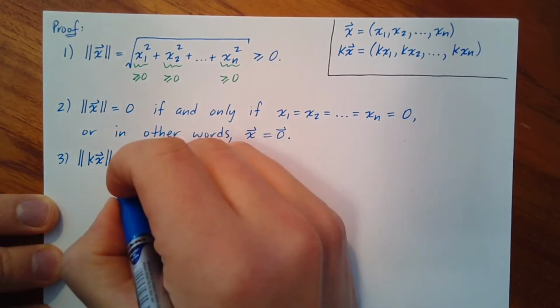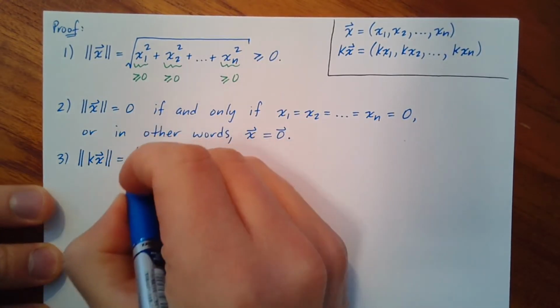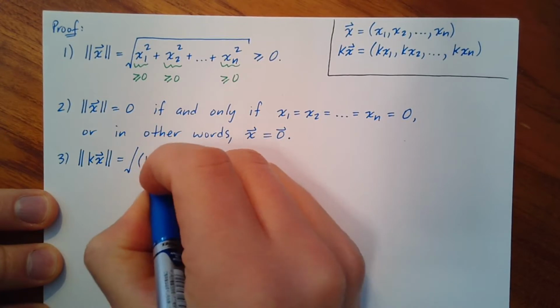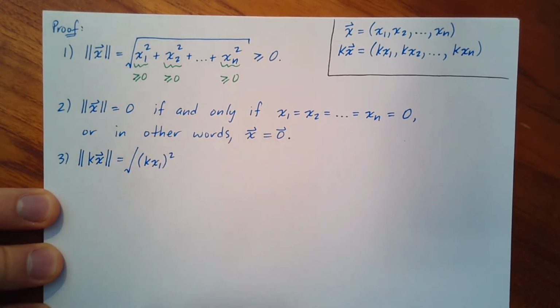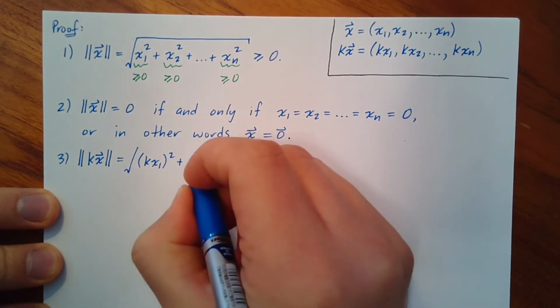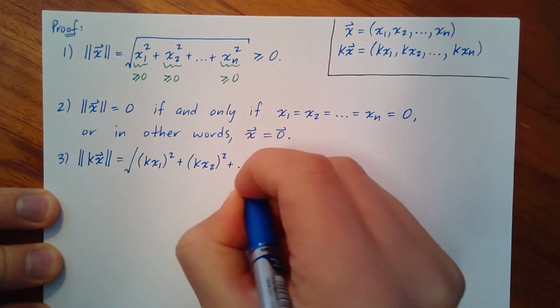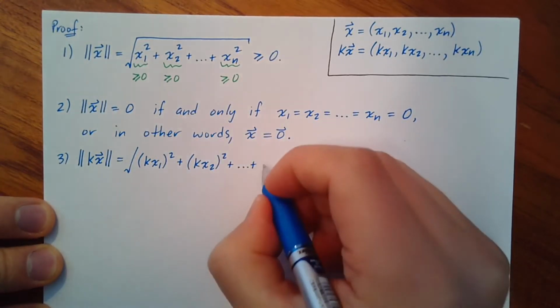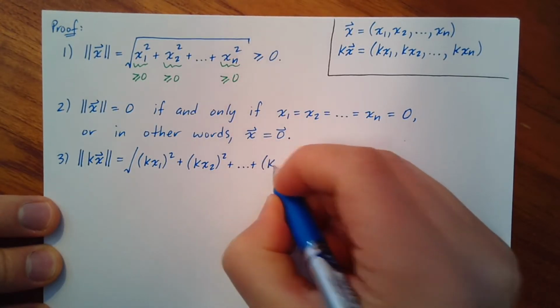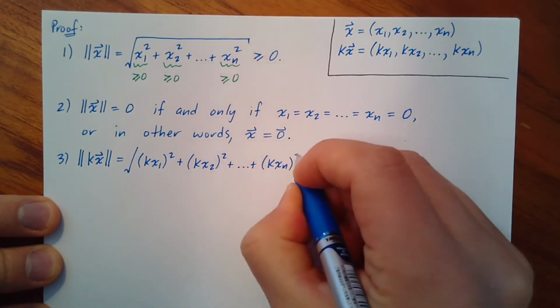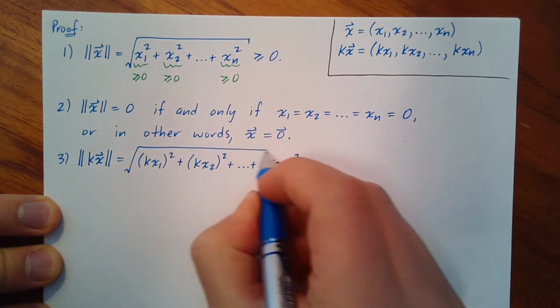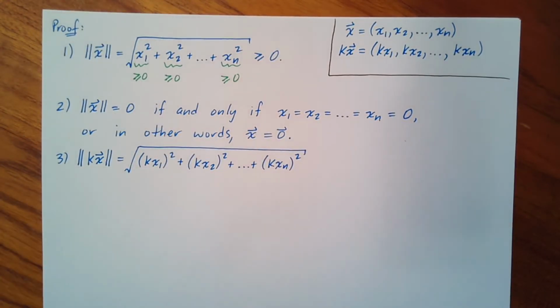So we're going to get the square root of the square of kx1 plus the square of kx2, and we'll do that for every single term all the way up to the square of kxn. So that's the definition of the norm of kx.